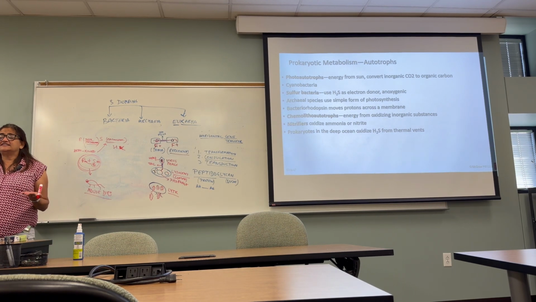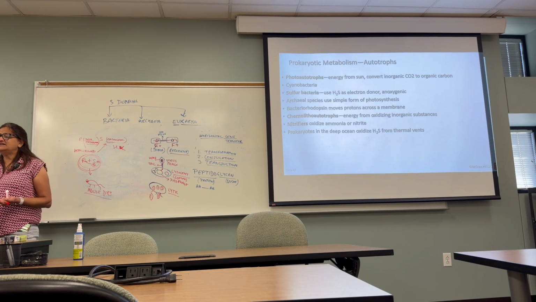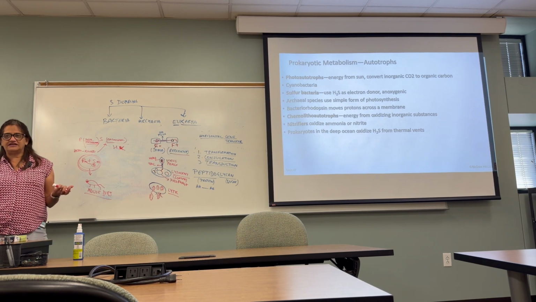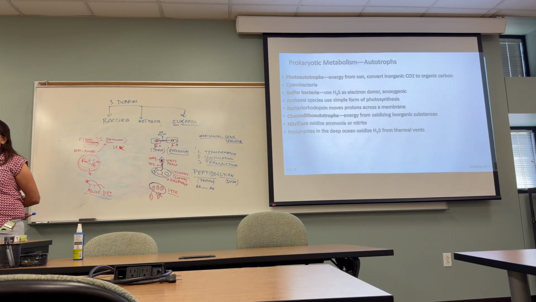So that's another way. And then you have some chemolithoautotrophs. What does that mean? Chemo represents chemicals, right? And they will produce energy from oxidizing the inorganic substances. Okay, and yet another type is the nitrifiers.